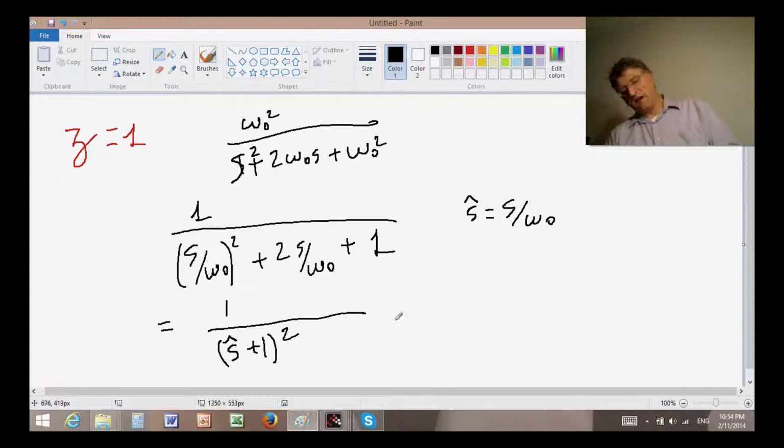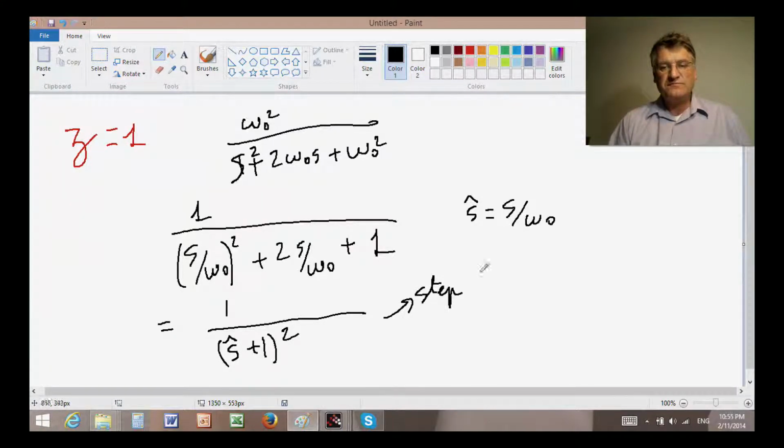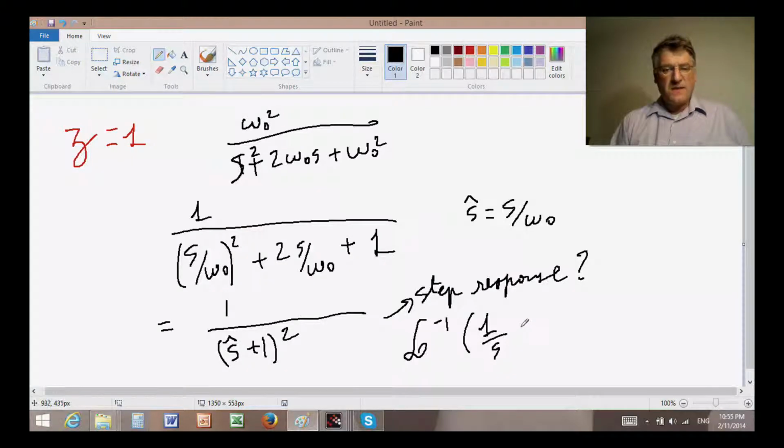Now, if we want to compute the step response of this, how do we do that? There are several ways to do that, but one of them is, of course, to take the inverse Laplace transform of 1 over s times 1 over s plus 1 squared.